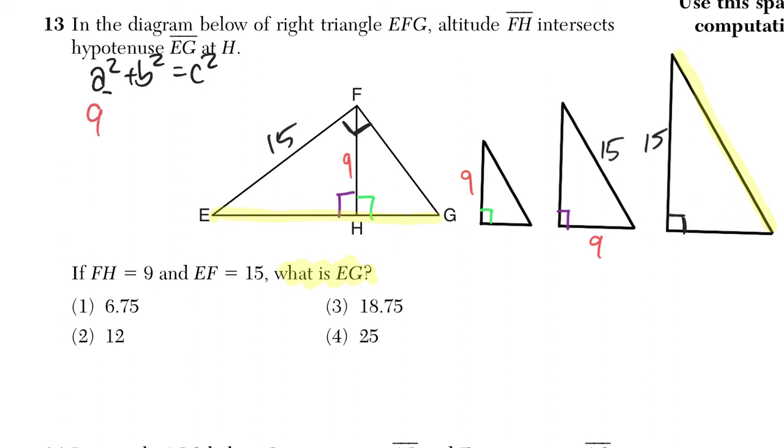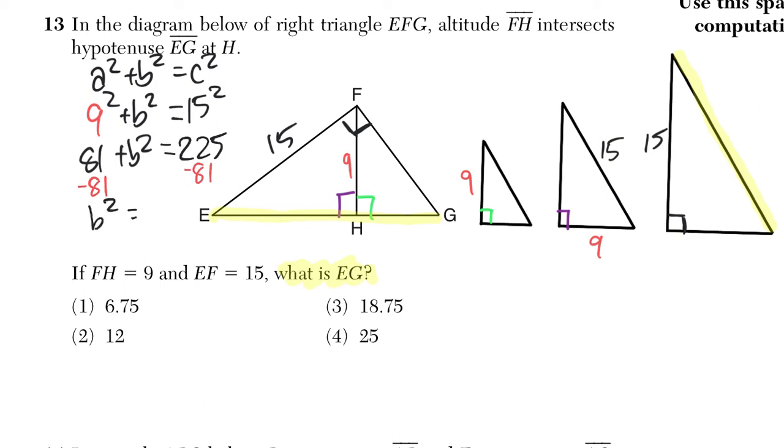So it's going to be 9 squared plus b squared equals c squared. 9 squared is 81. Our objective is b, right? So b is going to be, in the case of this triangle, this length right here, equals 15 squared, which I know is 225. We're going to subtract 81 from both sides, and when we do, we've got b squared equals 144.